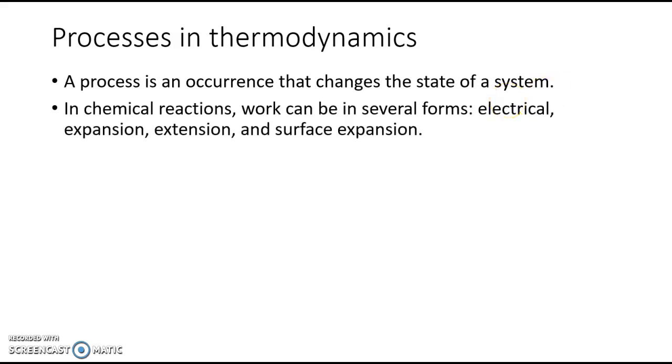For example, in chemical reactions, it can be in several forms. If an electrical surge is passed through a system, a process has occurred. If pressure is applied to the system, a process has occurred. If heat is transferred, temperature changes, heat is supplied, a process has occurred.